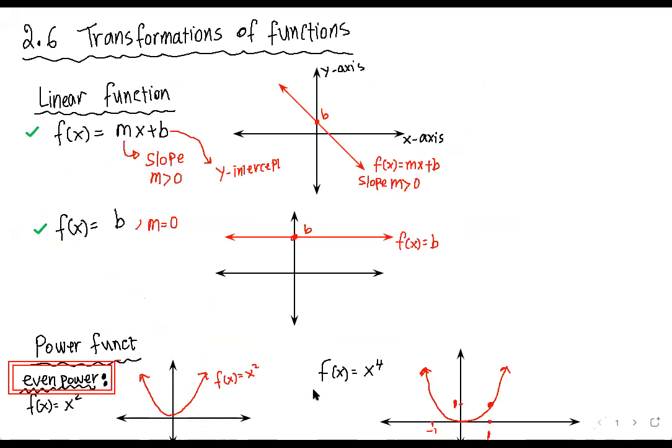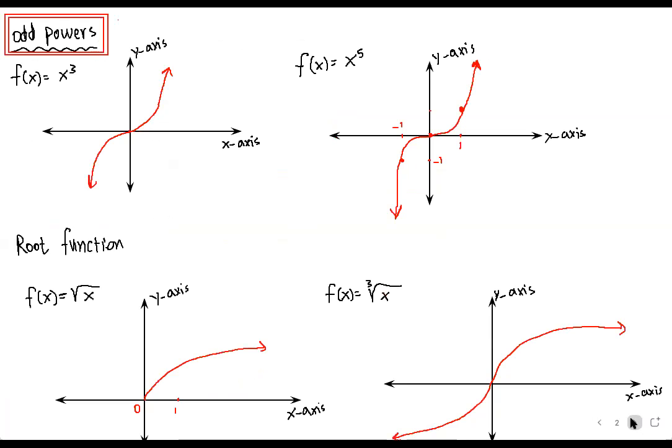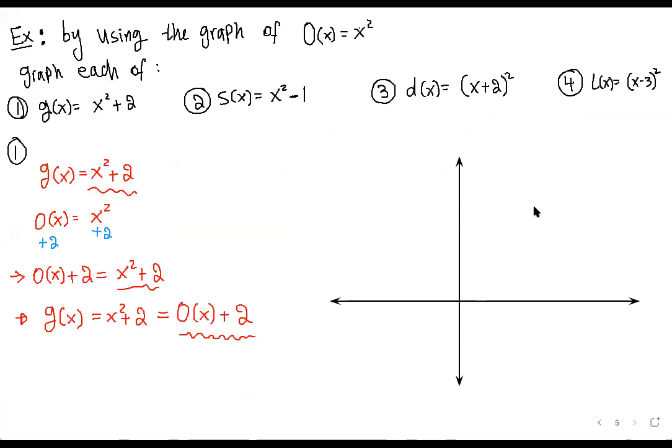All these graphs, you have to know them, okay? So the graph is a parabola open upward. So this is the original function here. It's a parabola open upward. So first, we have to graph the original function f of x. Okay, this is the first step.